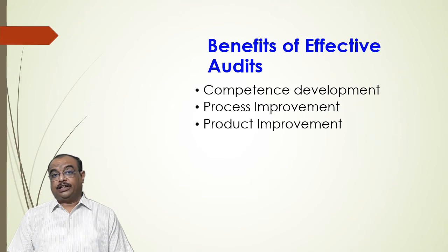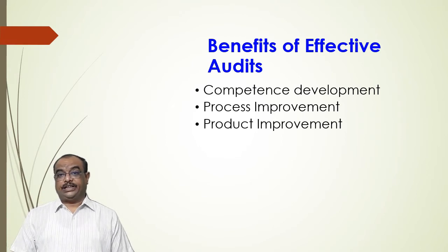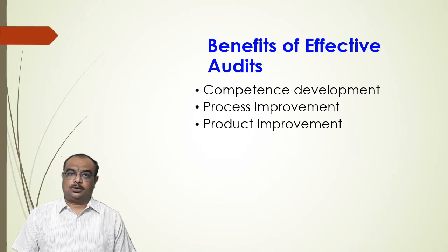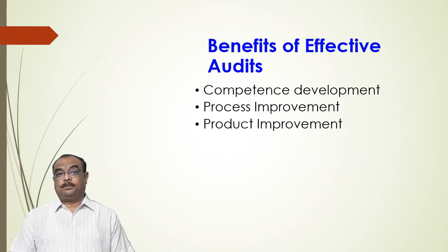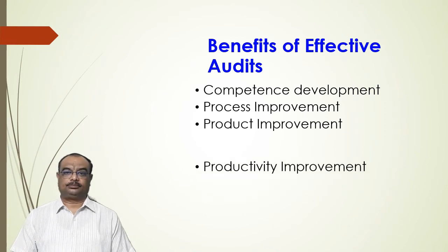So this is also very important. If a competent auditor is doing the audit, he can identify further scope of improvement related to products. So this is also important to meet the management expectation and the customer expectation also.